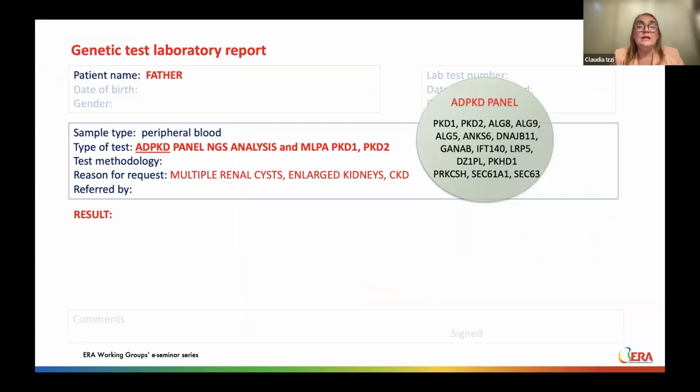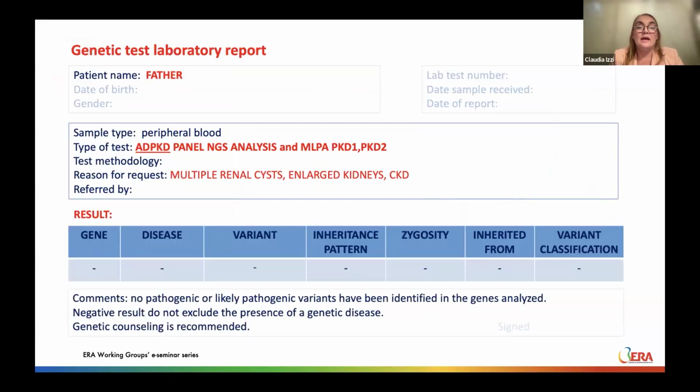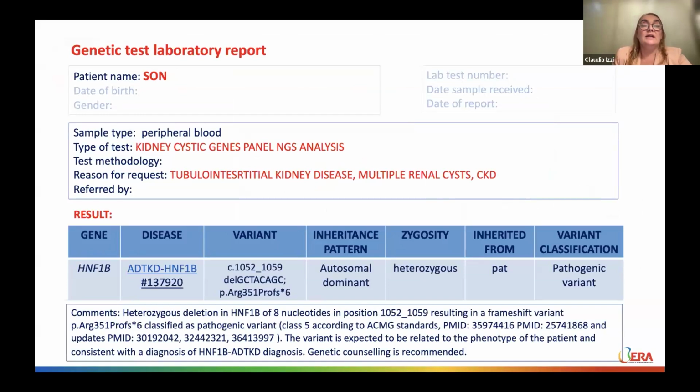So we performed for the father an ADPKD gene panel and MLPA analysis, and we didn't find any variants related to the phenotype. And in the son, we tested a larger panel with kidney cystic genes.